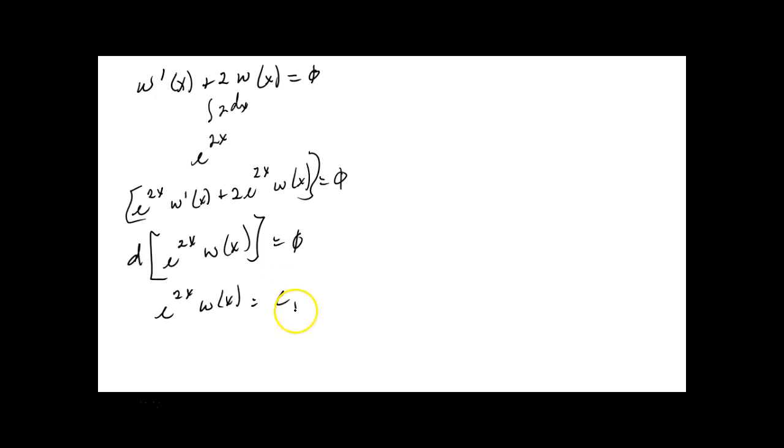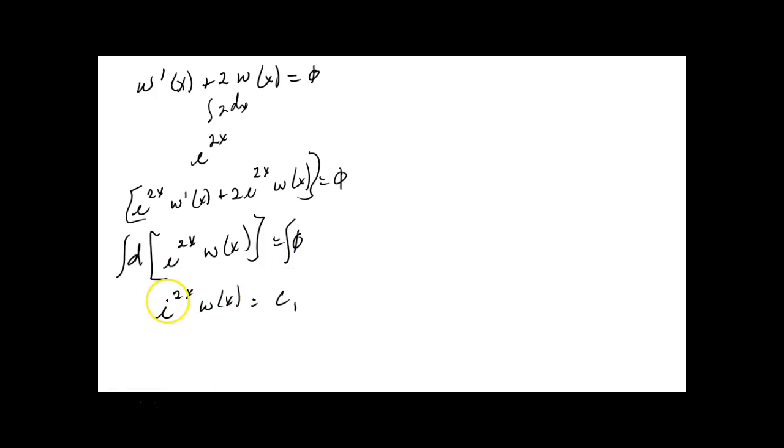And they call this C1. I don't know why they do really, because it's only a constant, so C should work. So basically what we've got to do is integrate both sides here.